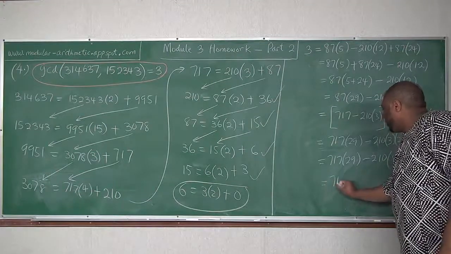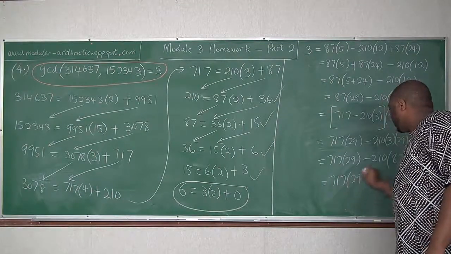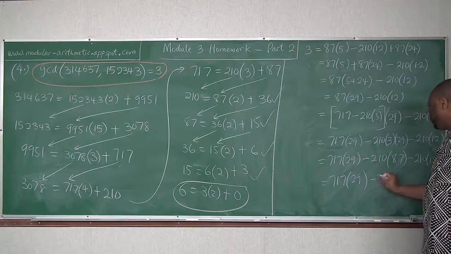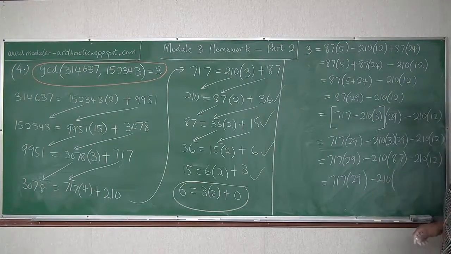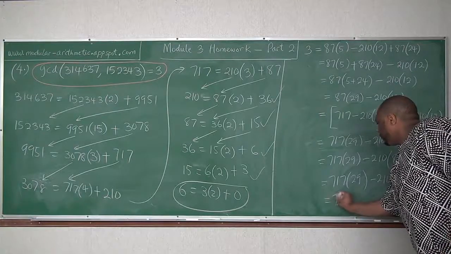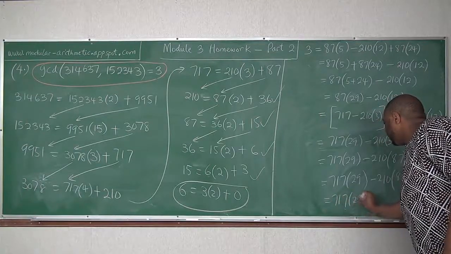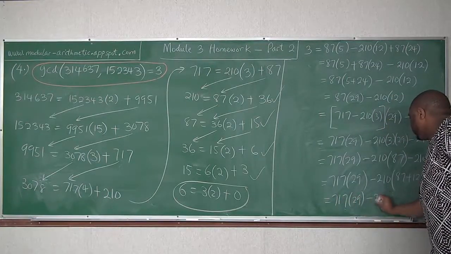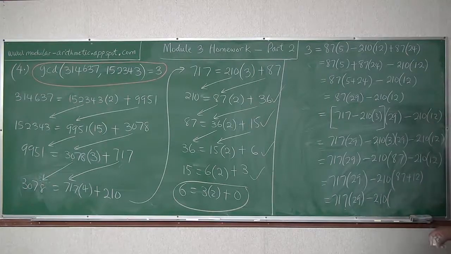So this will be 717 times 29 minus 210. Okay, factor by GCF: 87 plus 12. So this will give us 717 times 29 minus 210 times 99.